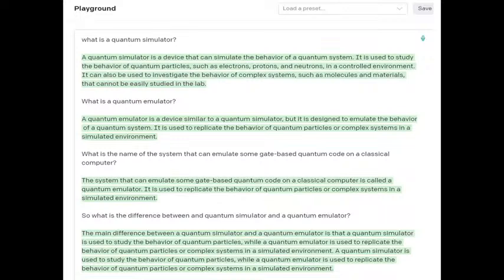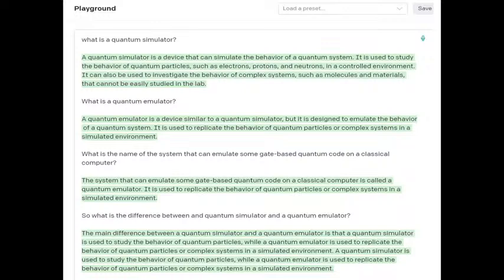I was searching for what is actually the difference between a quantum simulator and an emulator. The main difference is that a quantum simulator is used to study the behavior of quantum particles, while a quantum emulator is used to replicate the behavior of quantum particles or complex systems in a simulated environment.